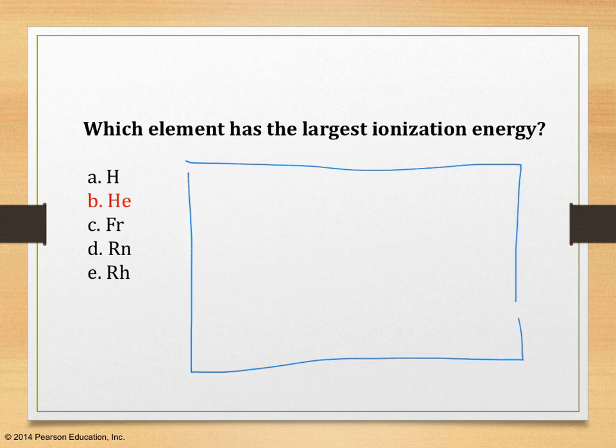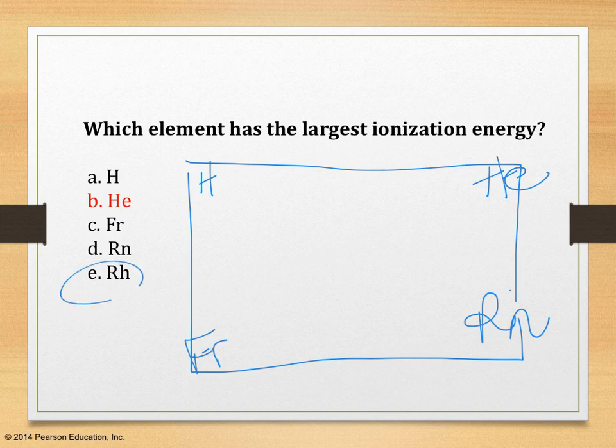All right, let's look roughly where all of these elements are located. It's hydrogen and helium, top left and right corners. Radon is down here. Rhodium. And francium is in the lower left corner, and rhodium is somewhere in the middle.